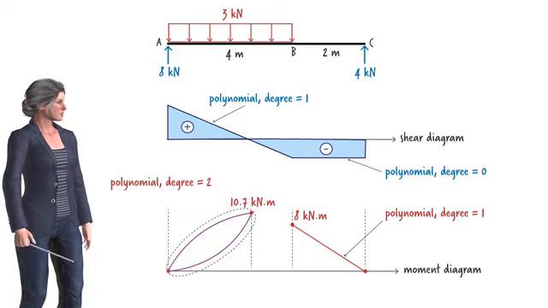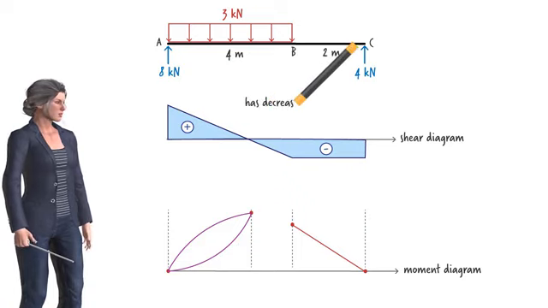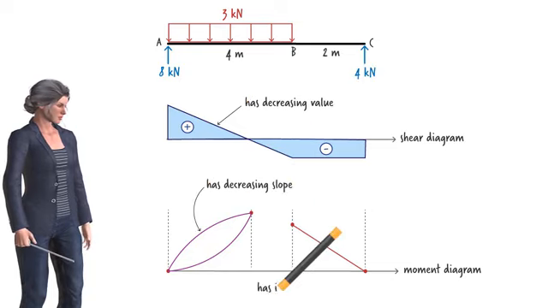If the shear is decreasing in value, then the moment diagram should have a decreasing slope. However, if the shear value is increasing in the segment, then the slope of the moment diagram should also increase. In this case, shear is decreasing in value from left to right. Therefore, the slope of the moment diagram must decrease from left to right.